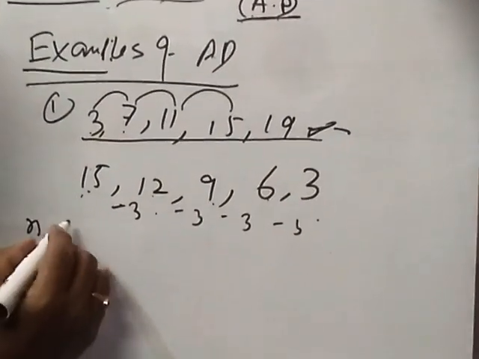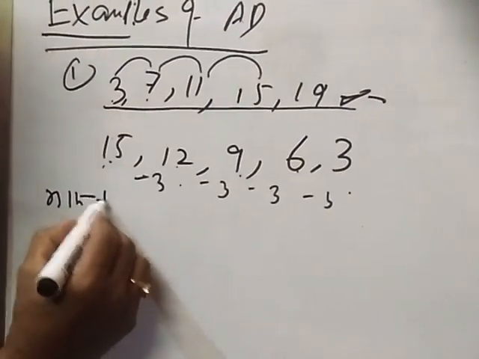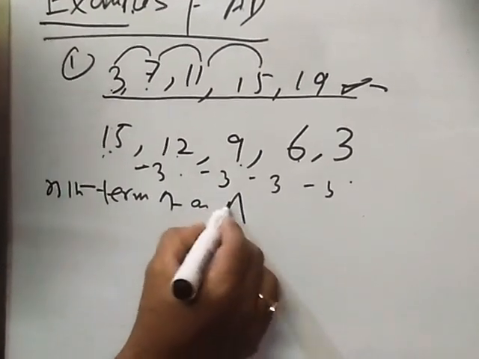Formula, everybody write down the nth term. How will you obtain the nth term of an AP? The nth term, suppose the nth term is written as an, the nth term of an AP.